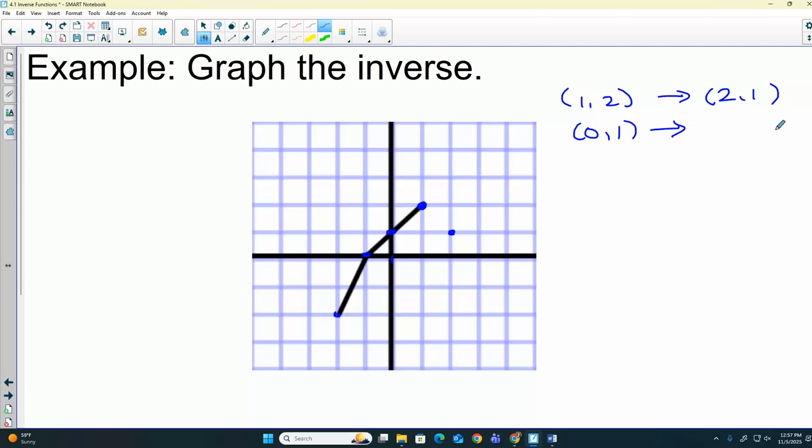So when I do the inverse, what would my point be? What's this ordered pair? So when I find the inverse, what would my point be? What's this ordered pair? So when I find the inverse, what would it be?